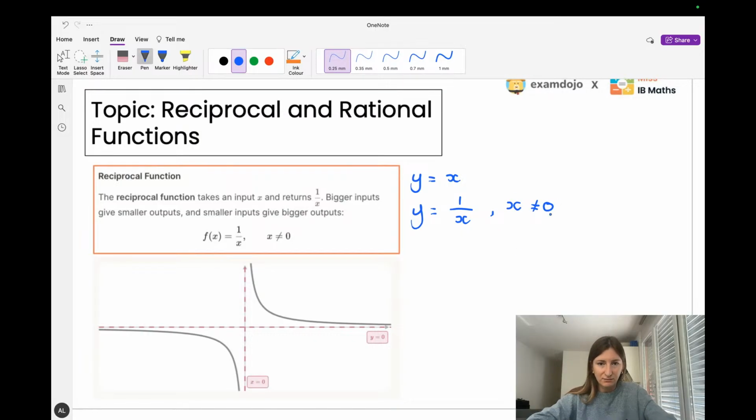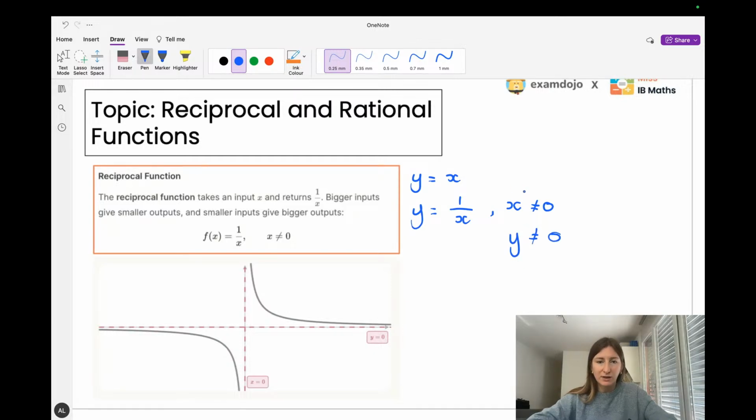And these reciprocal functions, because we can't have a certain value, give us this shape where there are gaps in the middle. Because x is not going to ever be equal to 0, that also means that the y value will also not be equal to 0.